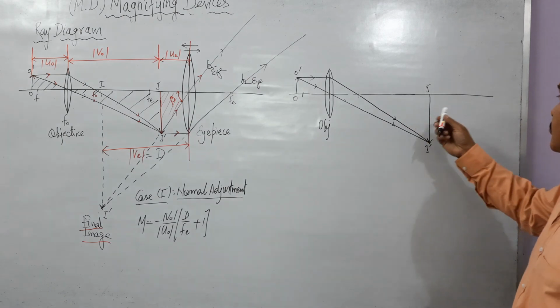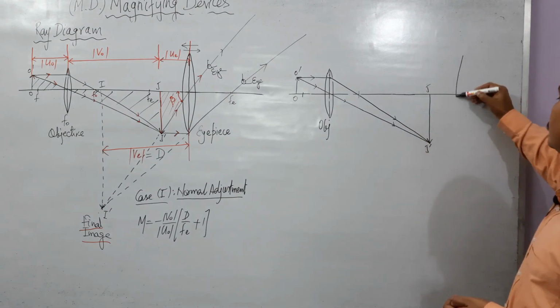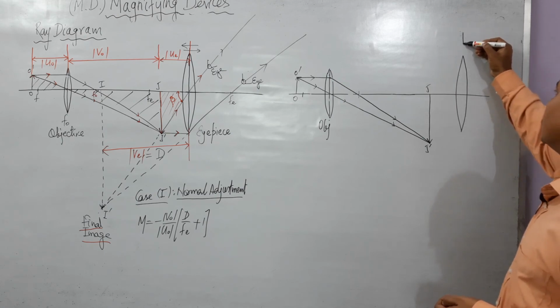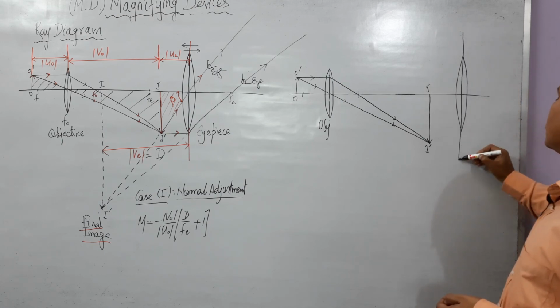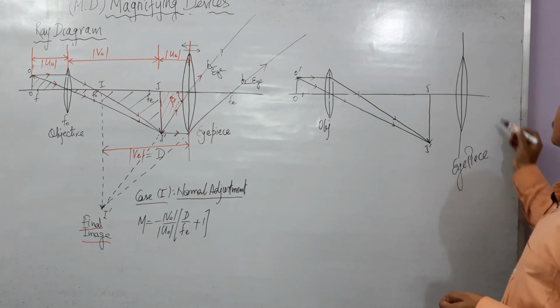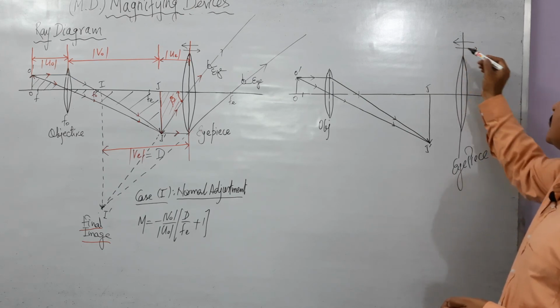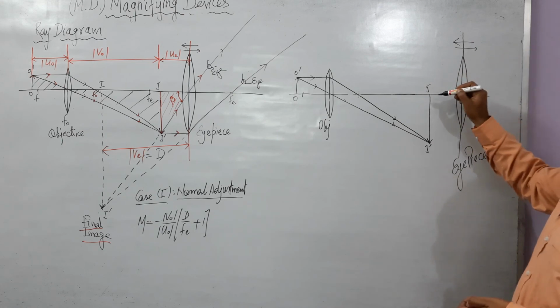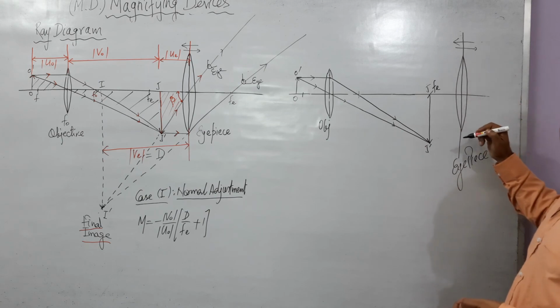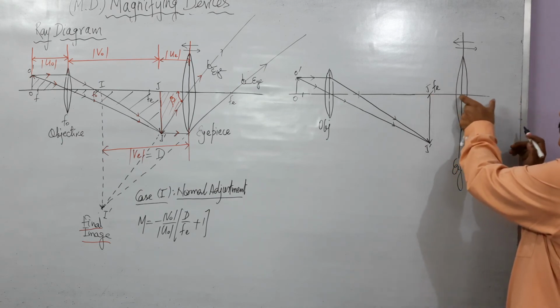Now the eyepiece. This eyepiece is moved to and fro along the axis of the tube, such that this intermediate image lies over the focus of the eyepiece. So this is fe, the focal length.